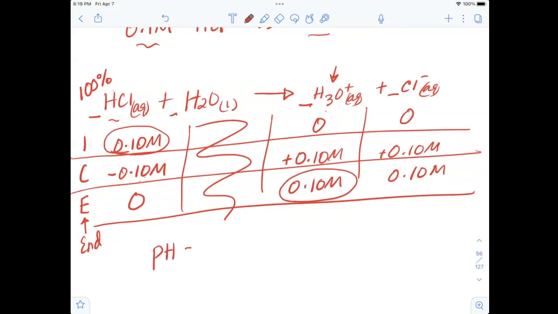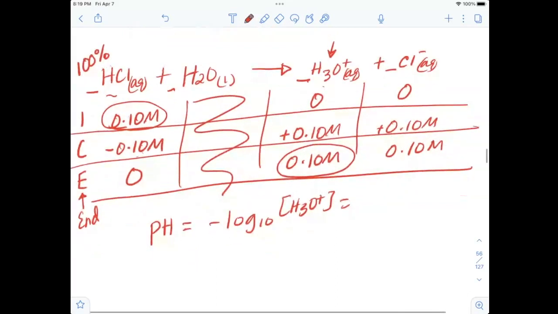Well, to figure out the pH here, you do negative log base 10 of H3O plus, and that essentially gives you, oh, hold on, negative log base 10 of, what do we have here? 0.1. Wait, log 0.1.